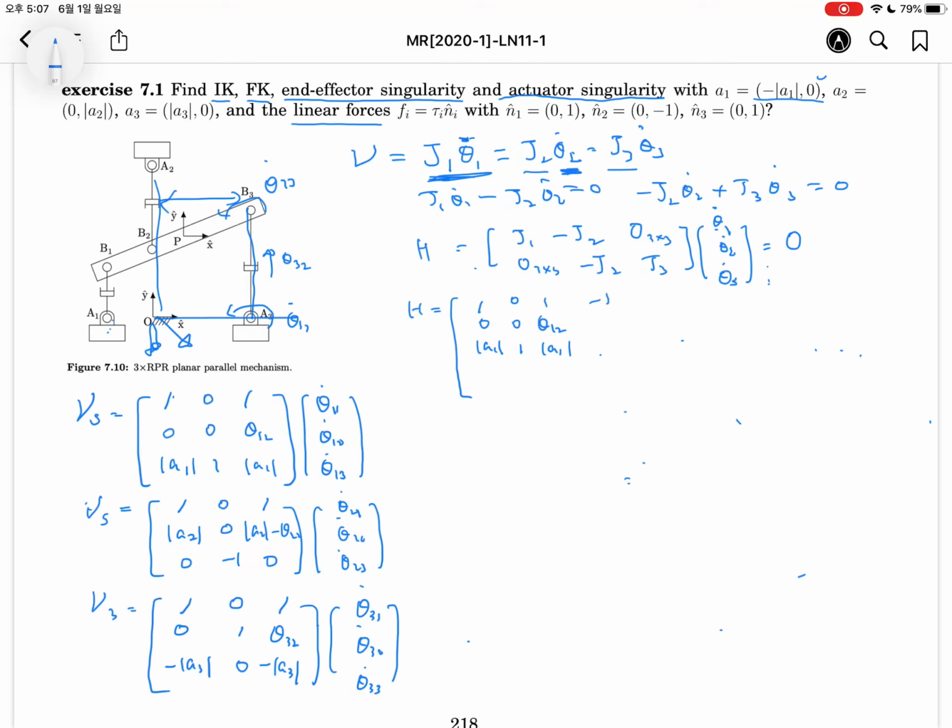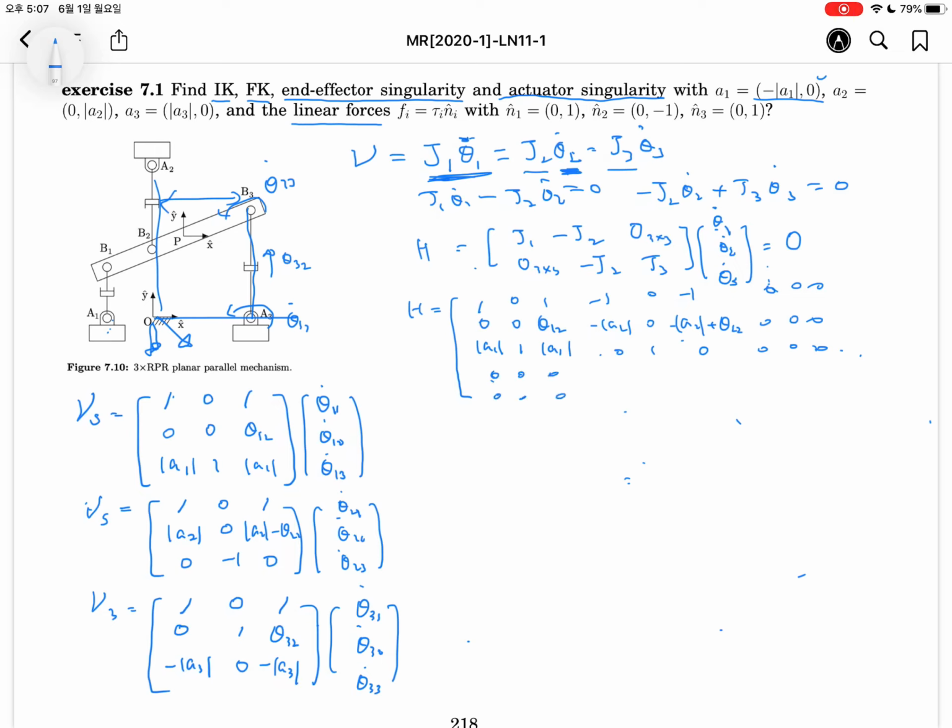Okay, then minus 1, minus A2, 0, and 0, 0, 1, and minus 1, minus A2 plus theta 22, and 0, and 3 by 3 zeros should be added to match the matrix. So 3 by 3 zeros.